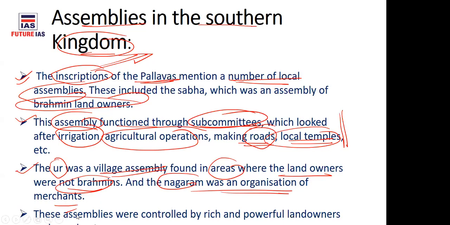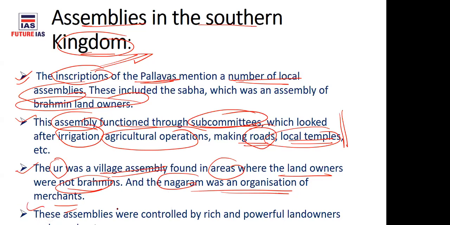All right. So whenever you have this term Nagaram, it was an organization of merchants. Always remember that these words can be asked by the UPSC, because they can directly ask you what the Nagaram was associated with, or what the Ur was associated with. Ur was associated with the landowners who were not Brahmins.